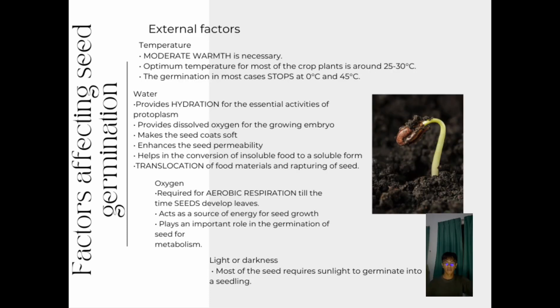Next up are the external factors or the environmental factors. Most plant activities, including photosynthesis, transpiration and respiration, germination and blooming, are affected by temperature. Photosynthesis, transpiration, and respiration will increase as the temperature rises.